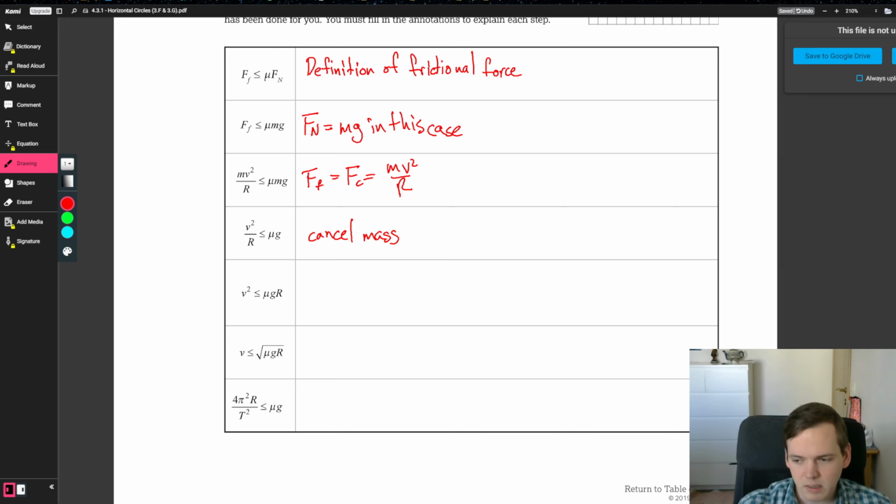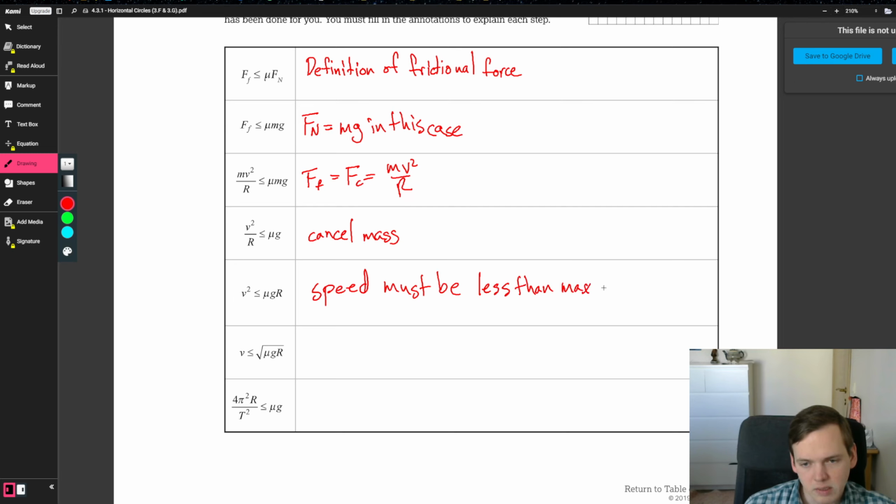Next, we've got that the speed must be less than the max speed from centripetal force.